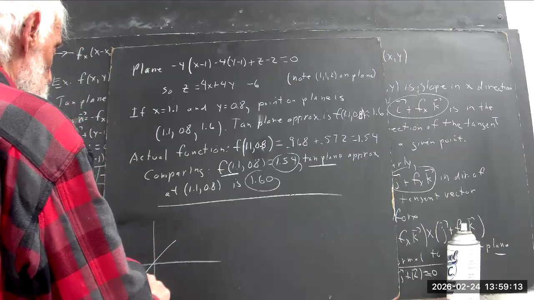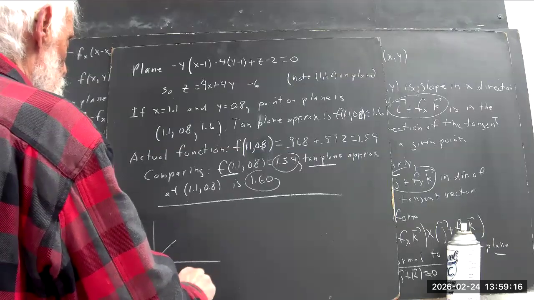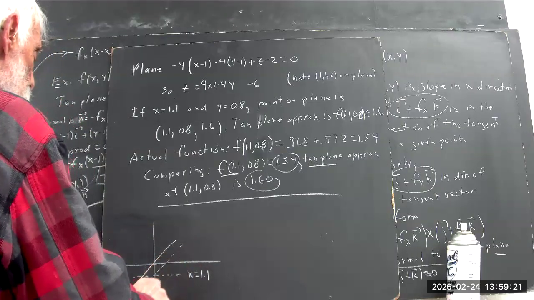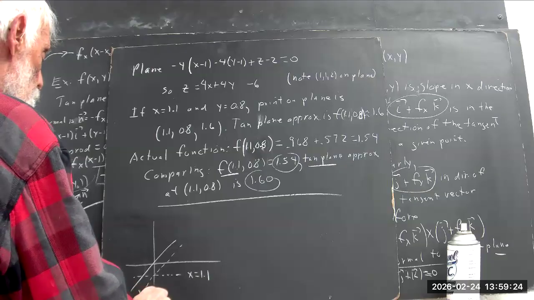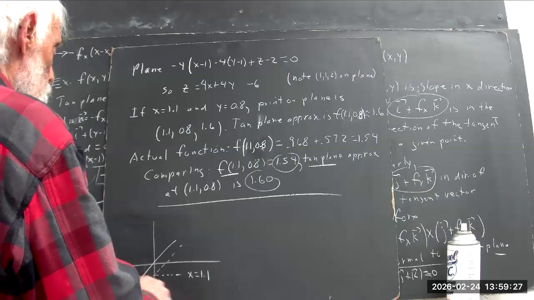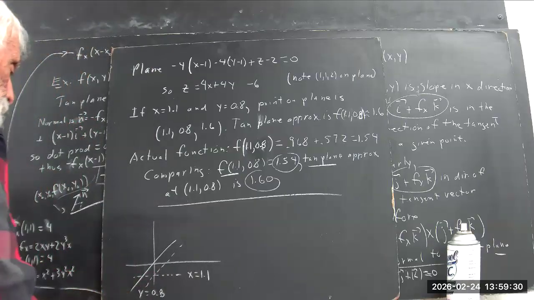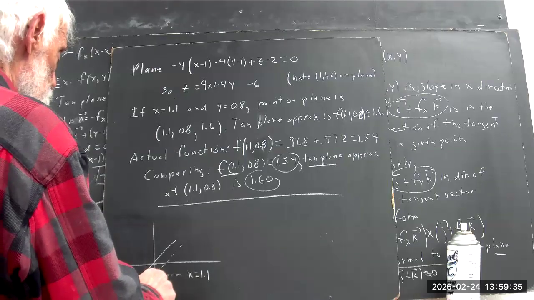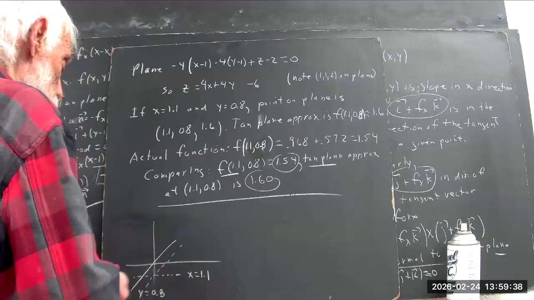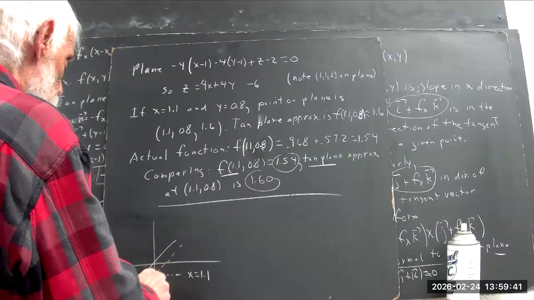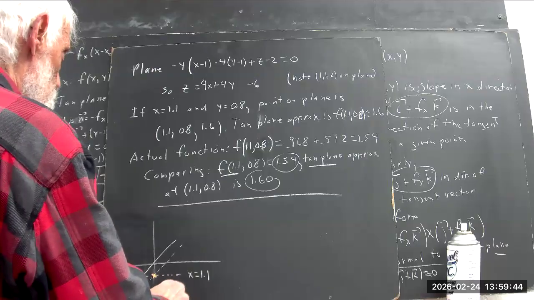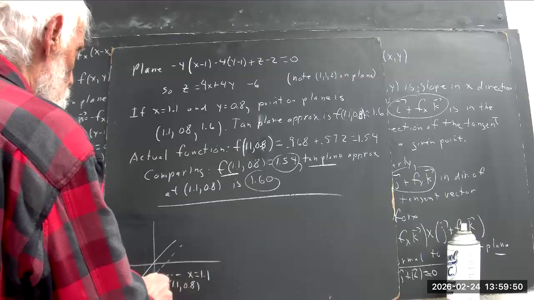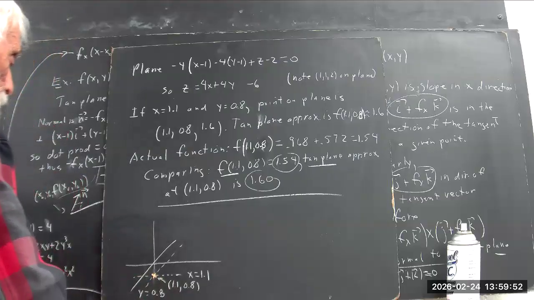Okay, down here in the XY plane, got the line X equals 1.1, the line Y equals 0.8. And I've got them crossing at what looks like the Z-axis, which is a bad idea, but we'll just live with it. Okay. So here's the point 1.1, 0.8 in the XY plane.